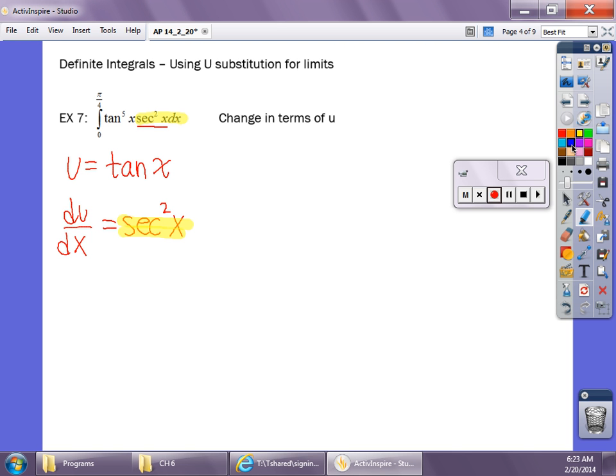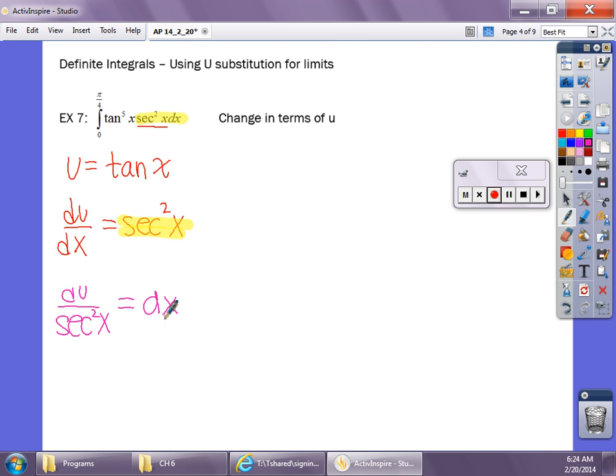I'm going to ask that you just keep going and get used to what you were supposed to do. The next thing would be to solve for dx, so I get du over secant squared x is equal to dx.